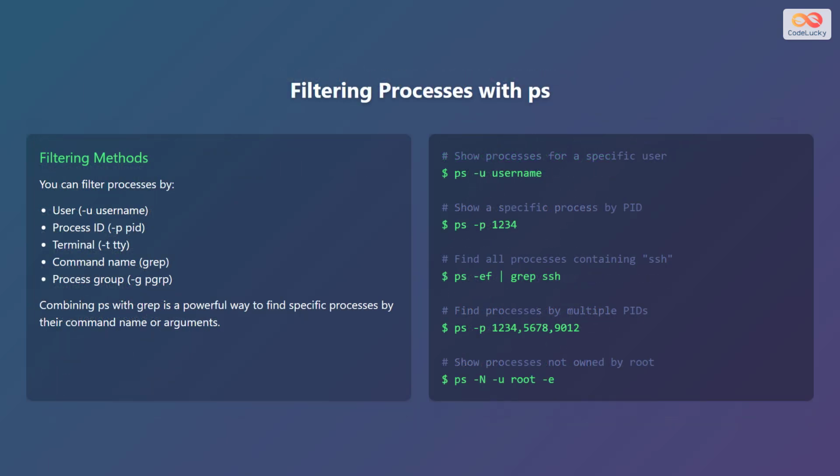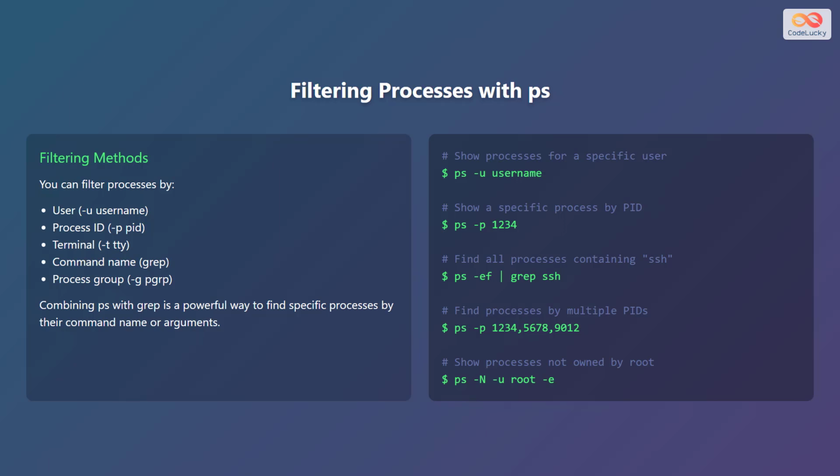You can filter processes by user, process identification number, terminal, command name using grep, or process group. Combining ps with grep is a powerful way to find specific processes by their command name or arguments. Here are some examples. To show processes for a specific user, use the command ps -u username.